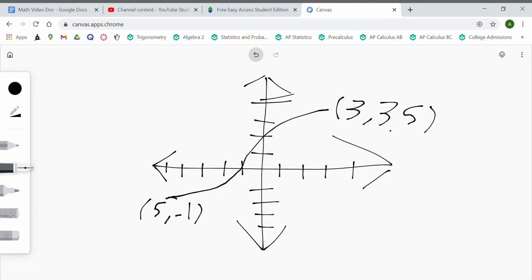Alright, so now you're being asked, what is the domain and range of the function here? Well, notice that I told you that these are two endpoints here.